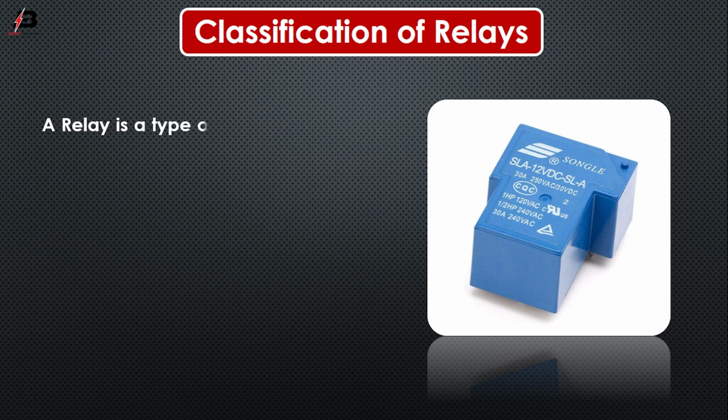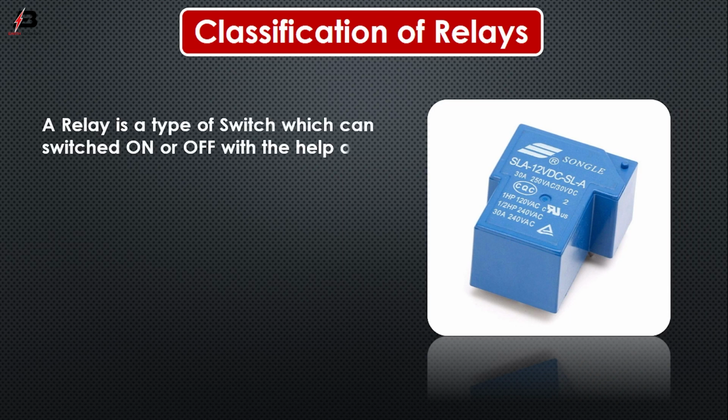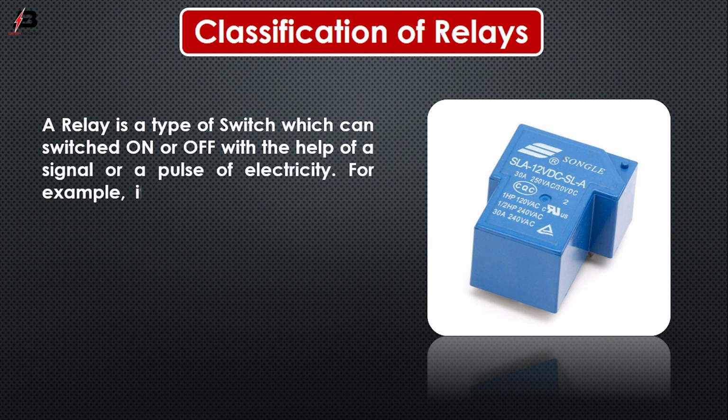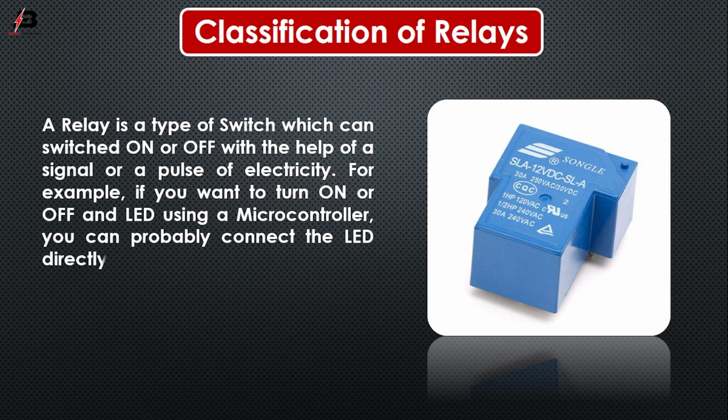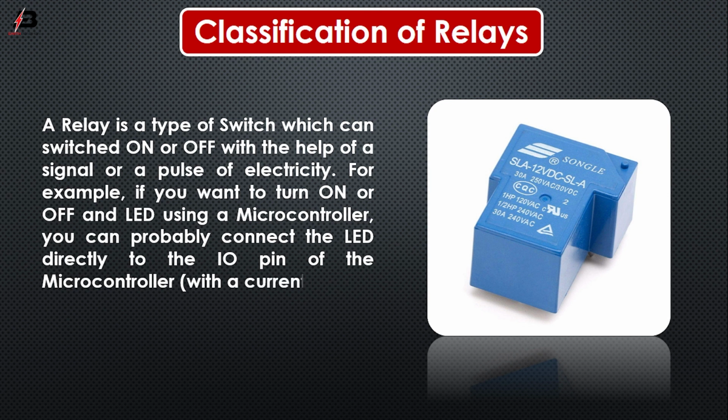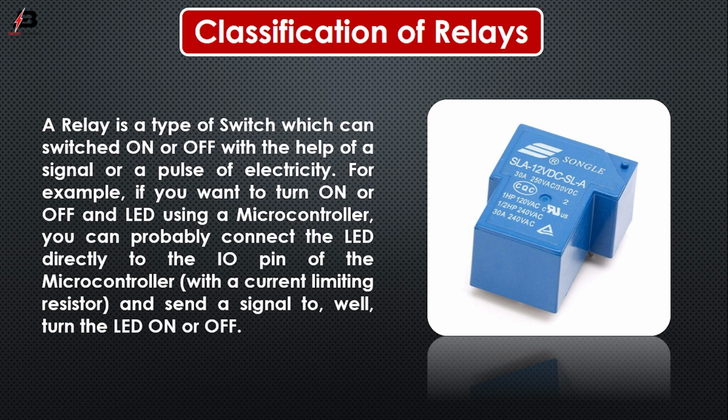A relay is a type of switch which can switch on or off with the help of a signal or pulse of electricity. For example, if you want to turn on or off an LED using a microcontroller, you can probably connect the LED directly to the I/O pin of the microcontroller with a current limiting resistor and send a signal to turn the LED on or off.